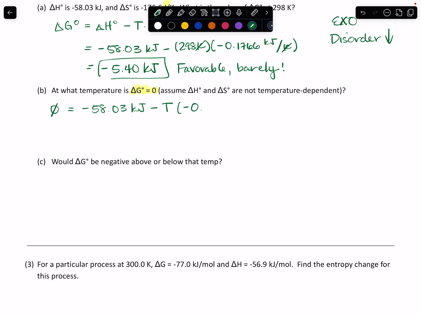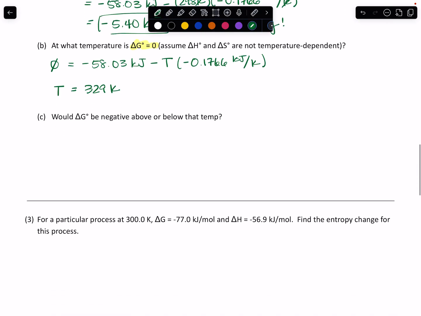So we keep our negative 0.1766 kilojoules per Kelvin. We're going to move some things around, then solve for T, and we find that 329 degrees Kelvin is when the delta G value is 0. As we move away from that value, we become favorable or unfavorable depending on the direction.